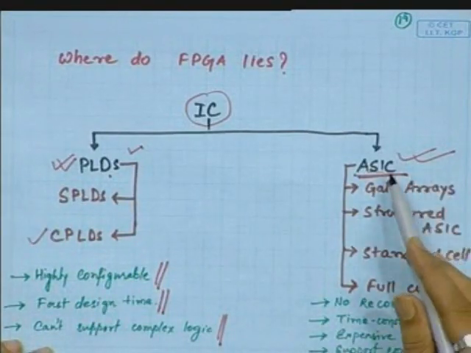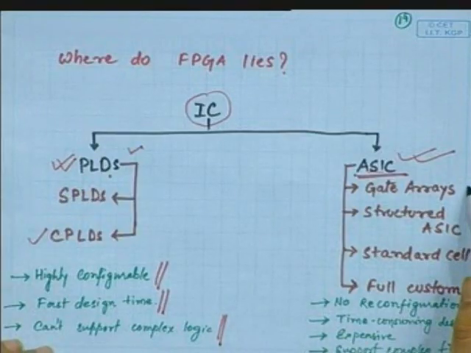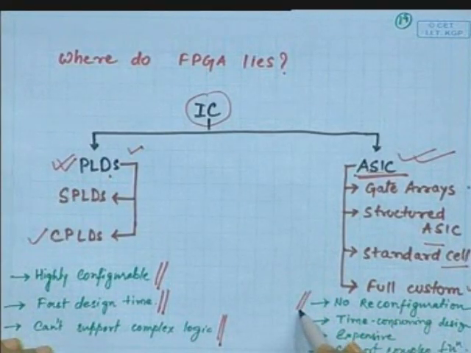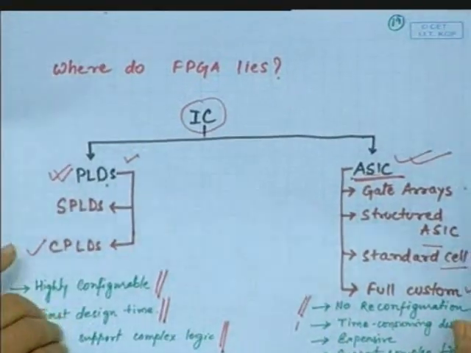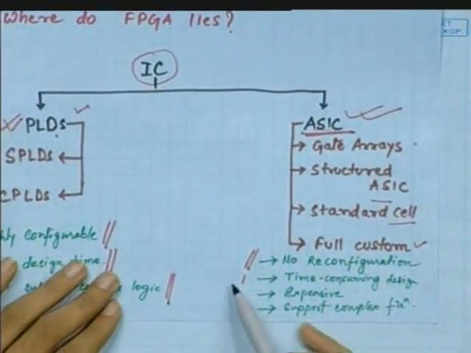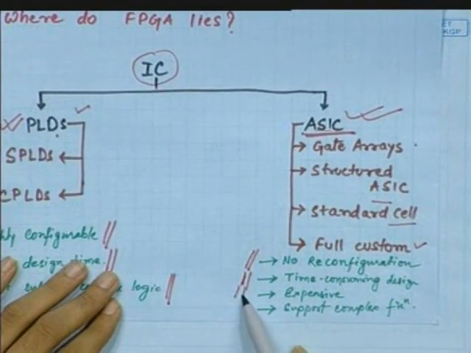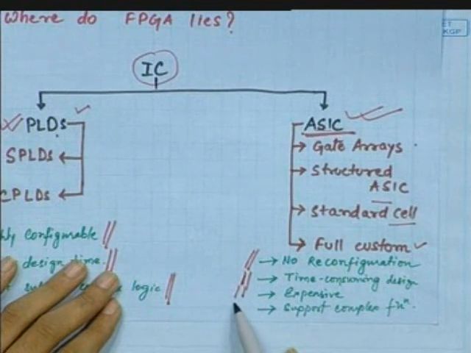At the other end of the spectrum, we have the gate arrays, ASICs, standard cells, full custom. Now, these ASICs provide no reconfiguration. The design is highly time consuming. The design is expensive but supports complex functions.